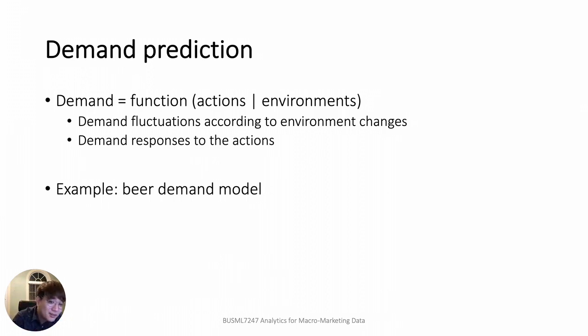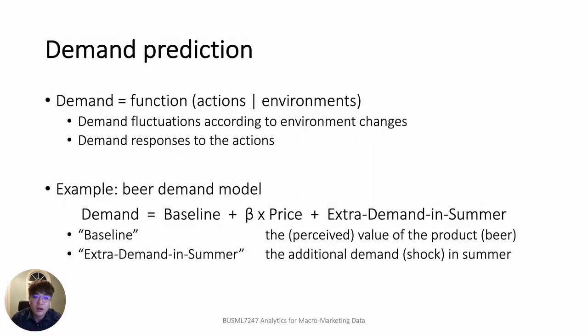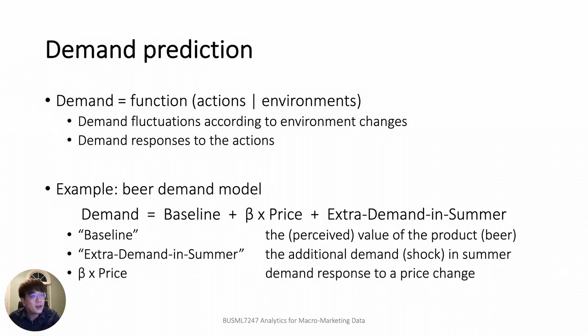Then, this would be the simplest form of beer demand. Demand is given by baseline plus beta times price plus extra demand in summer. Here, baseline and extra demand in summer reflect the seasonal difference, and beta times price captures how demand responds to price change.